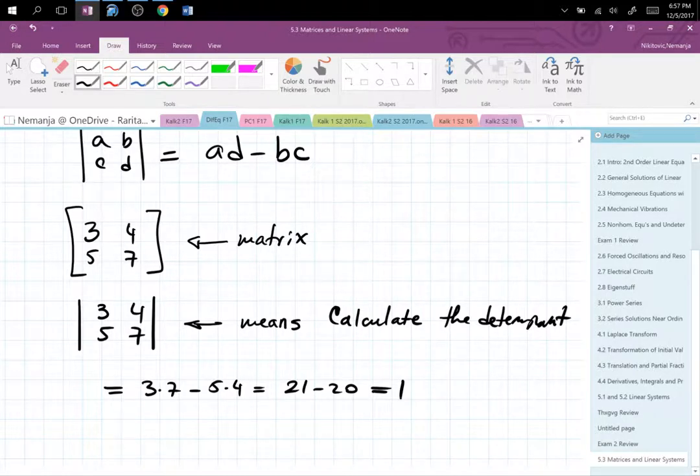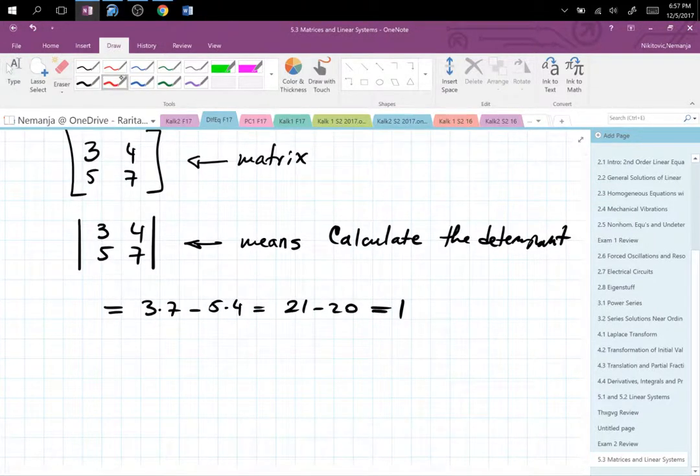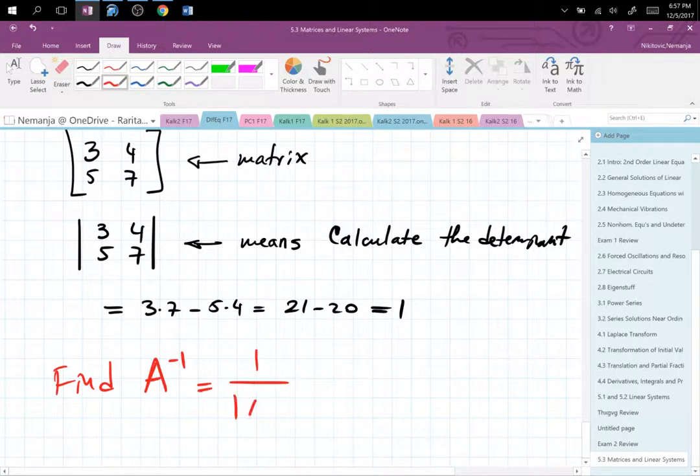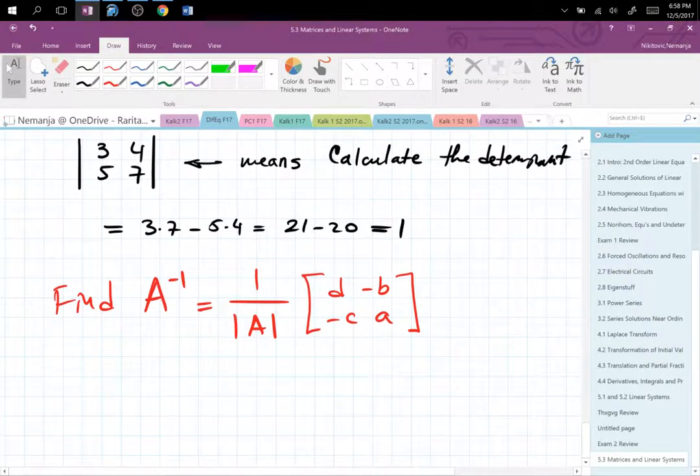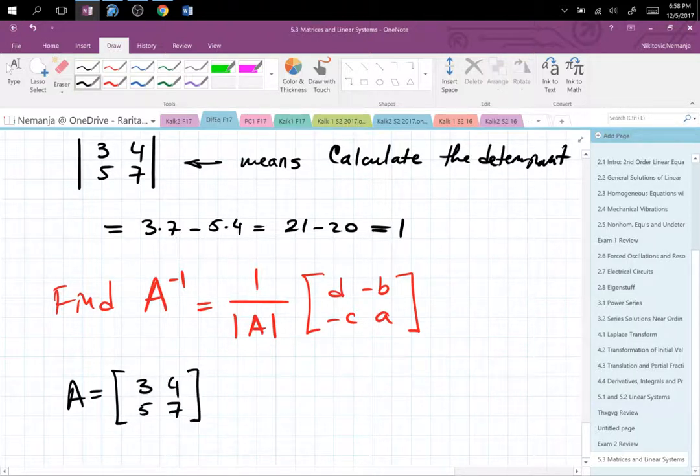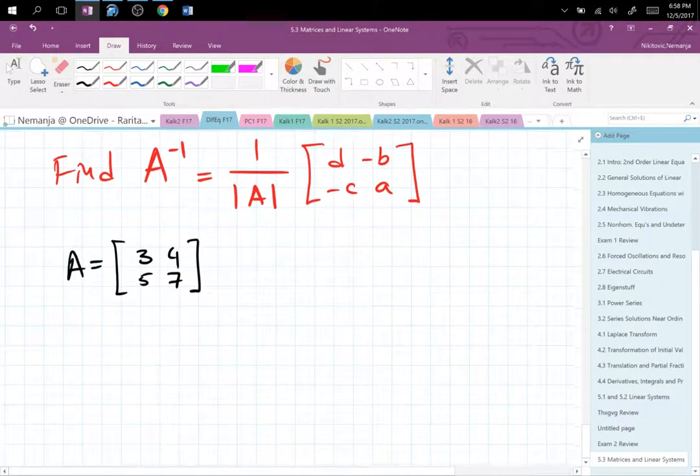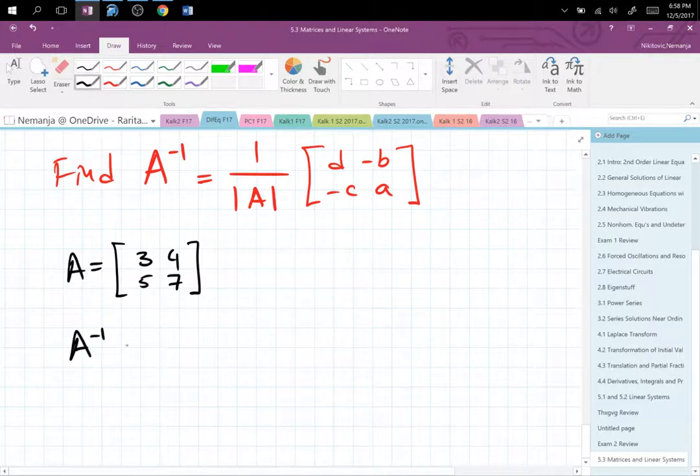So now I can finally write down the way to calculate the inverse, which is 1 over the determinant of A times D, negative B, negative C, A. So, if I want to compute the inverse of the matrix A given by 3, 4, 5, and 7, I will find the determinant.